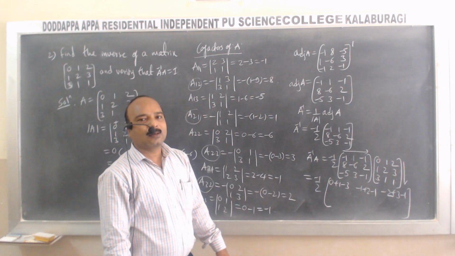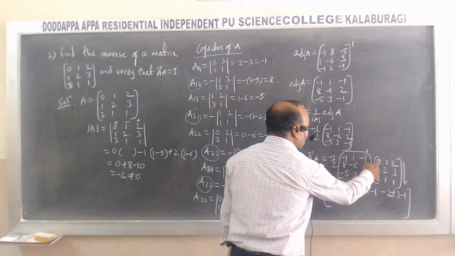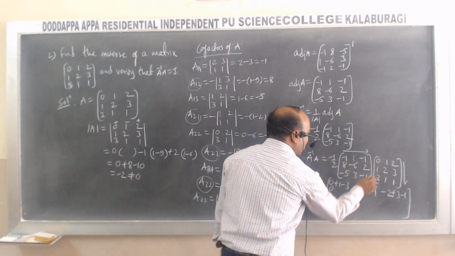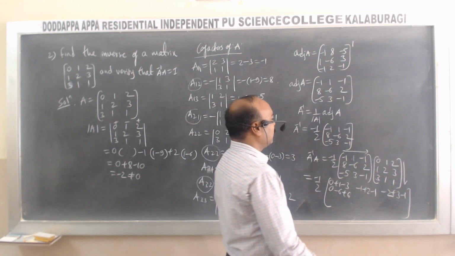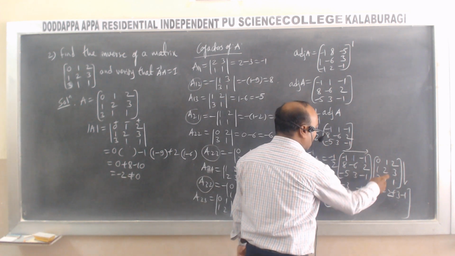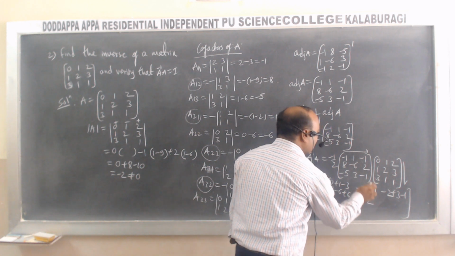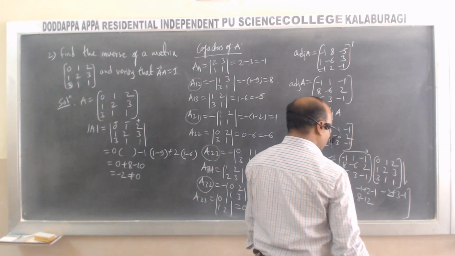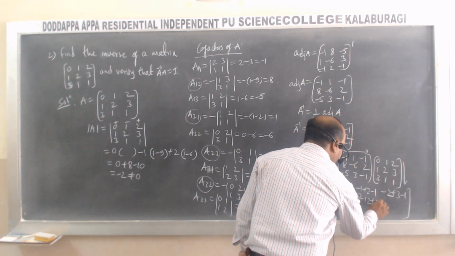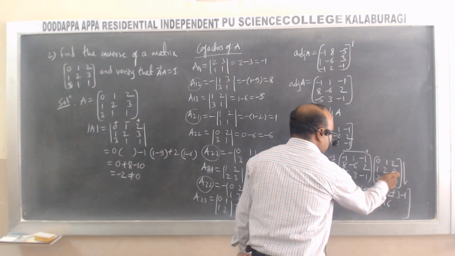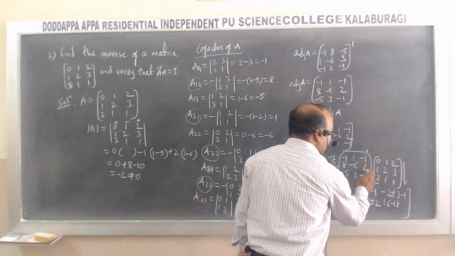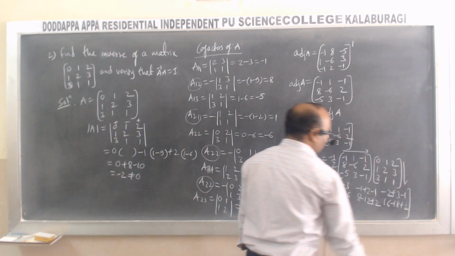Next go for second row with all columns, it is 0, it is minus 6 plus 6. Next element 8 minus 12, it is 2 plus 2 into 1 is 2. Next 16 minus 18, it is plus 2.